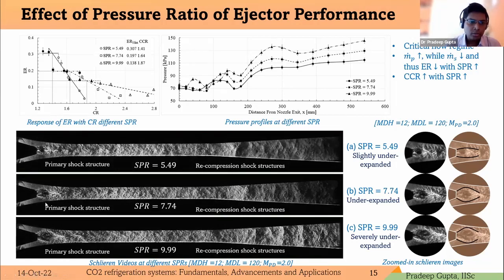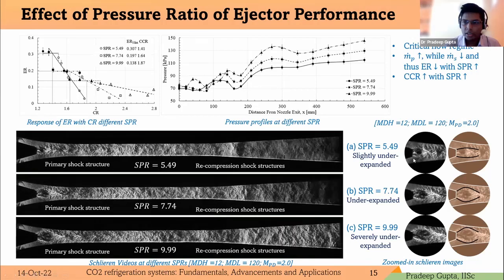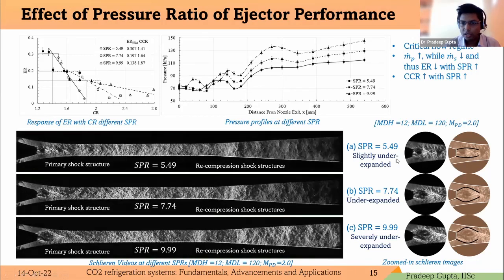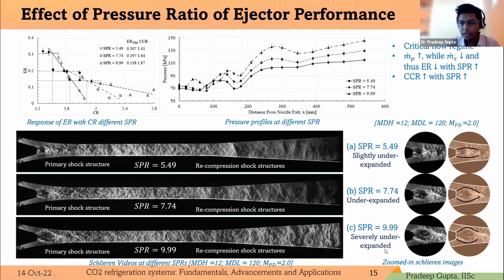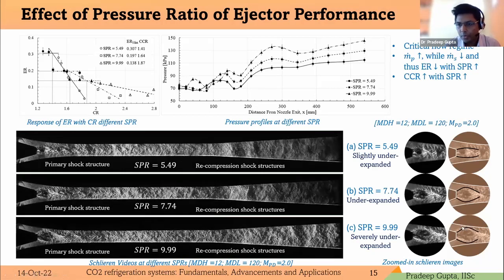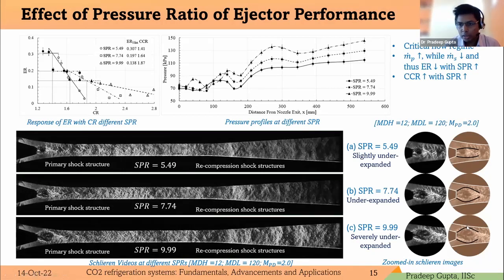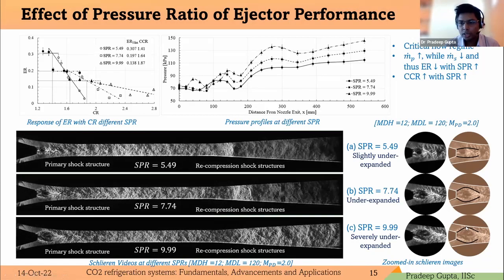The other reason, we can see by looking closely at the vicinity of the nozzle exit. As we increase this SPR, the primary nozzle starts operating in a severely underexpanded flow, and that restricts the secondary flow path. The critical area for secondary flow decreases, so that reduces the secondary mass flow rate.